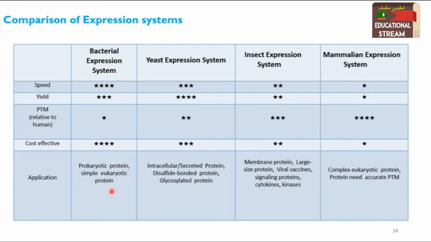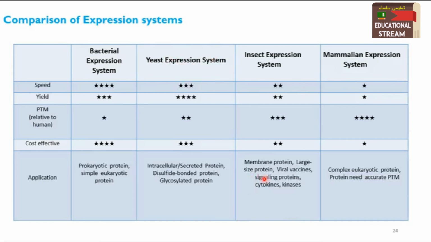We use the bacterial expression system if we want to purify prokaryotic proteins or simple eukaryotic proteins. But if we want glycosylated protein expression, or proteins involving disulfide bonds, or intracellular or secreted proteins, then we need to express our protein in the yeast expression system.